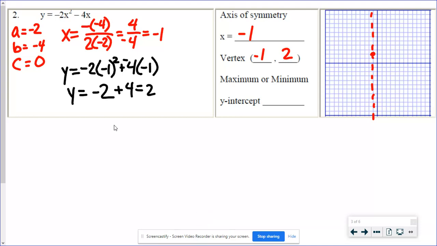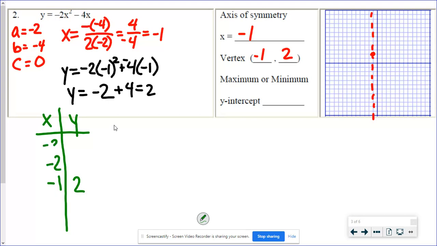Now we're going to make our table. So here is my xy. Since negative 1, 2 is my vertex, that's going to be in the center. Negative 1, 2. Now I want some numbers that are smaller than negative 1, which would be like negative 2, negative 3. And I want some numbers that are bigger, like 0 and 1.